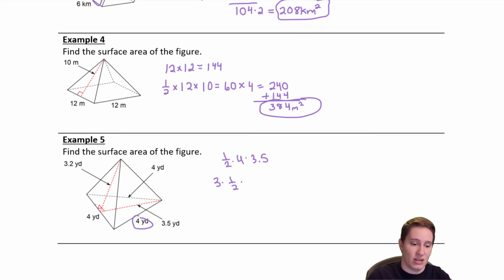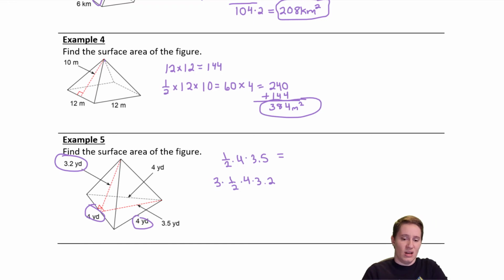The base, it looks like here, is 4. The height is 3.2. And these are not going to be super pleasant to do. I guess it could be worse. This is where my trick of dealing with the half early is helpful, in my opinion, because I can do half of 4, which is 2, and then 2 times 3.5, I can do in my head and get 7. So just throwing that out there.